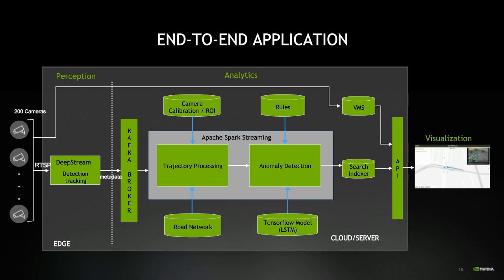With the search indexer, you can search for any events or anomalies. You will see the entire pipeline in a demo. In addition to the metadata, the streams from the camera are sent to the VMS. This is used to record, view, or search any streams. And finally, all the information can be accessed with the web browser.